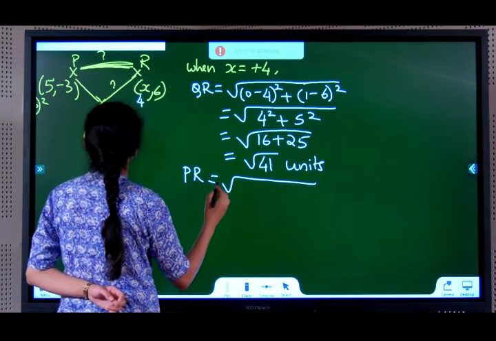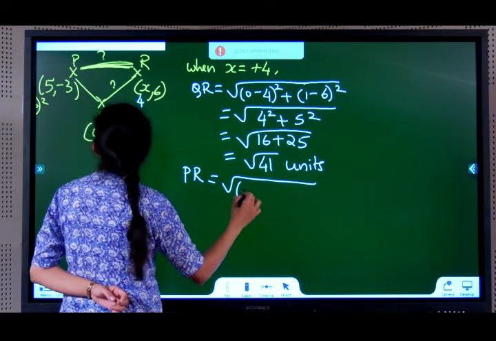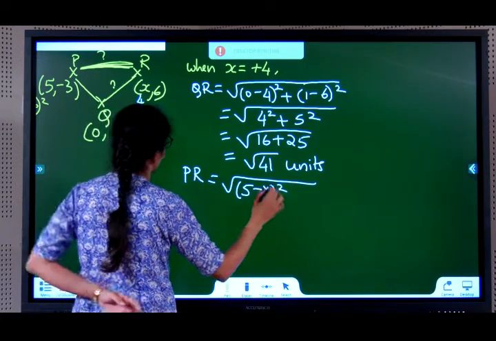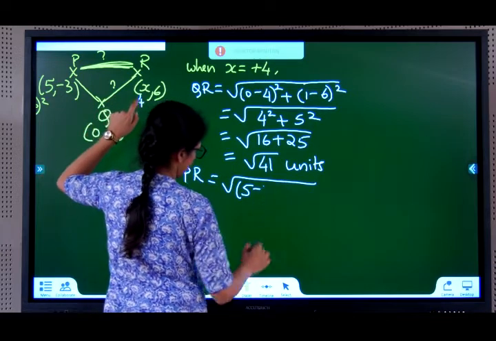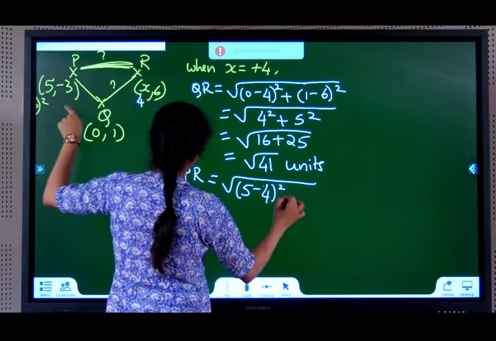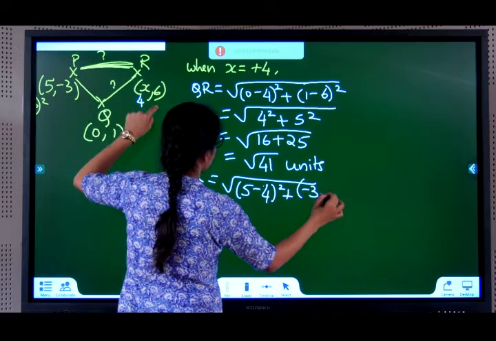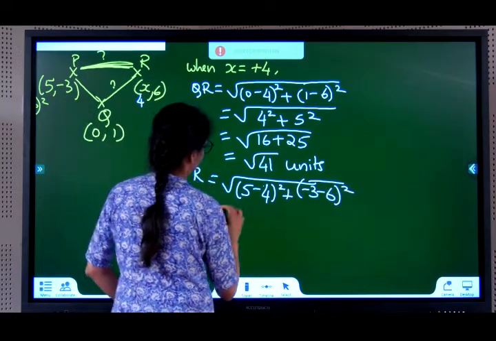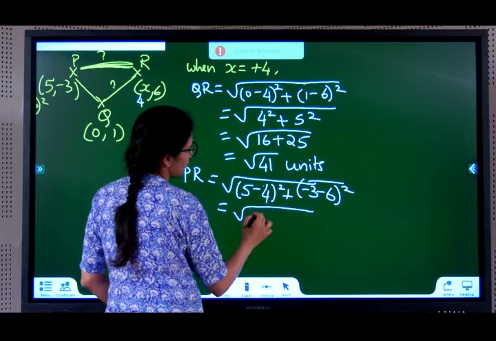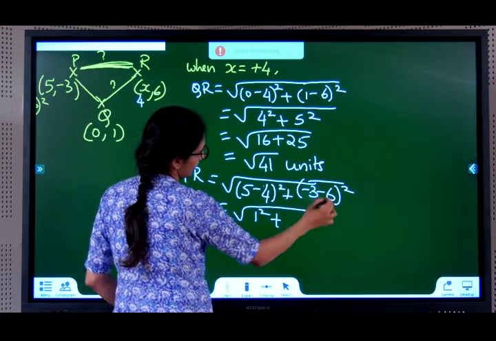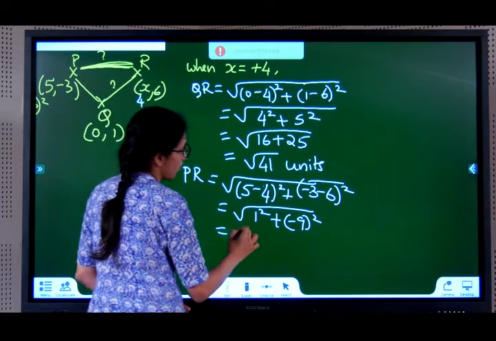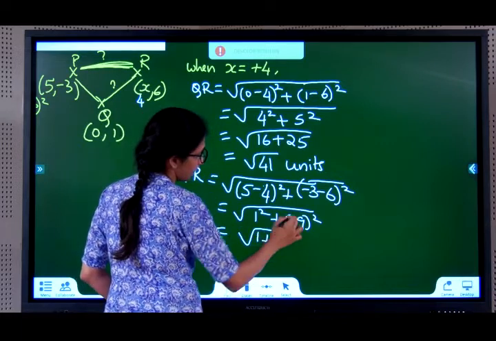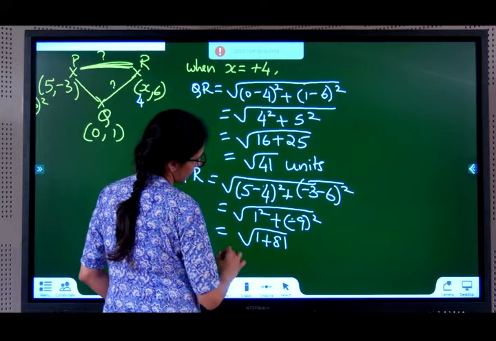What will be PR? PR is root of (5 minus x) the whole square, so 5 minus 4 because x is now 4, plus (minus 3 minus 6) the whole square. Root of (5 minus 4), 1 square, plus (minus 3 minus 6), minus 9, the whole square. 1 square is 1 plus minus 9 the whole square, 81.